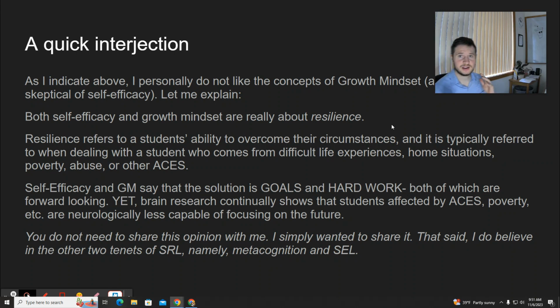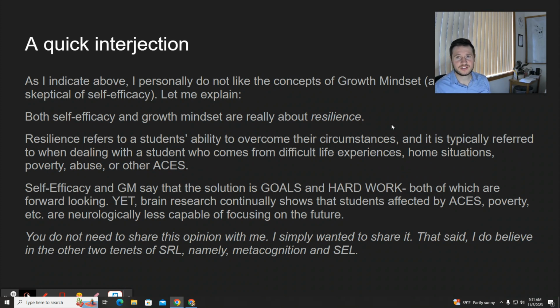And the idea is the more resilient a person is, the better chance they have at overcoming their ACEs. So self-efficacy and growth mindset both are models for building resilience in students. They're both models at trying to increase personal resilience. And self-efficacy would obviously be more a specific learning target versus growth mindset's like this worldview. I can overcome it all.